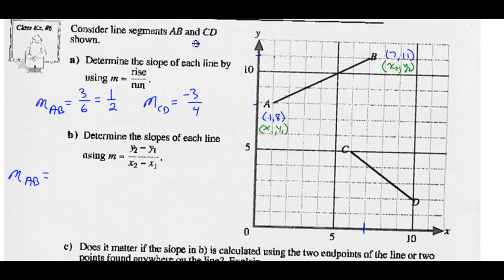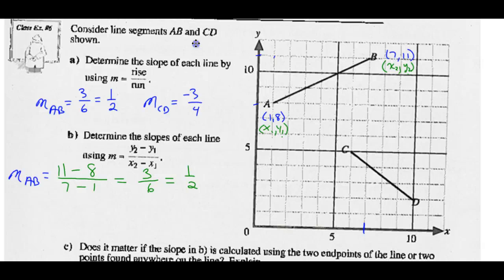So slope of AB, y2 is 11 over, minus y1, which is 8, over x2 minus x1 for our run, 7 minus 1. So 11 minus 8 is 3, 7 minus 1 is 6, 3/6 is the same as 1/2, so we got the same slope. Very nice.